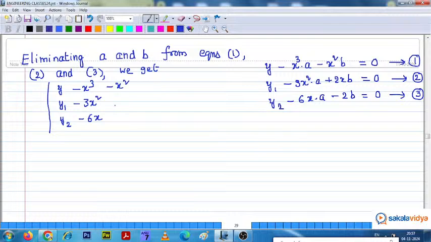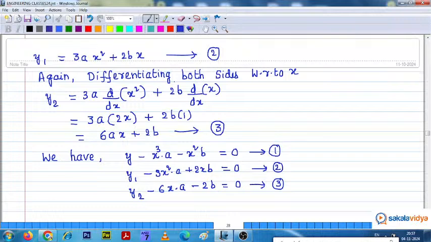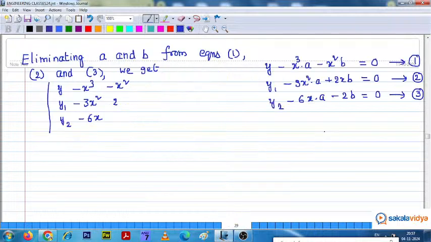In the second equation, the b coefficient is negative 2x, and in the third, b is negative 2. This equals 0.